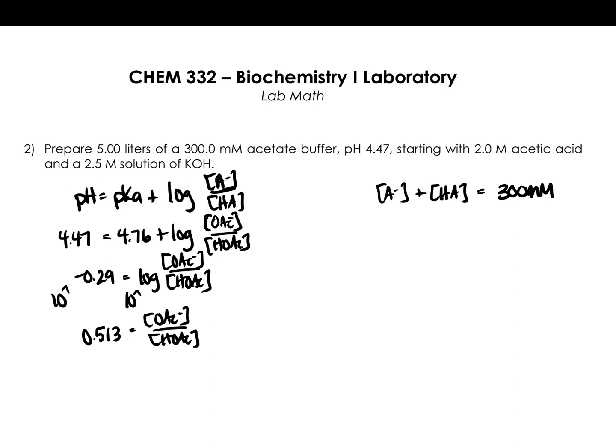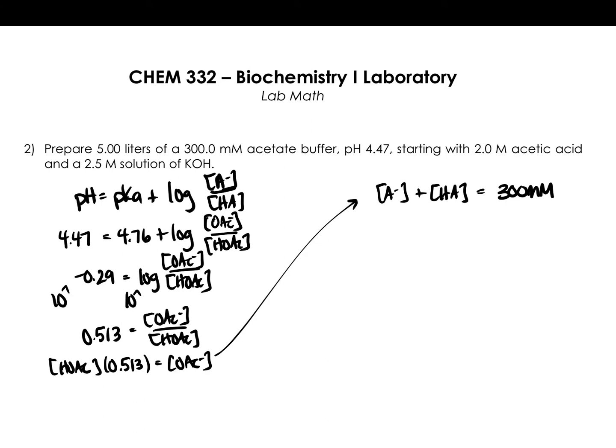So again, solving this for one species, HA times 0.513 is going to be equal to, let me put this in what we had here, we had put that in as HOAc, is equal to OAc-. And I'm going to substitute this in up top here.